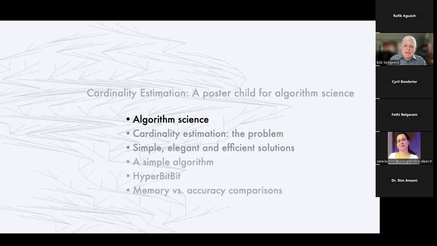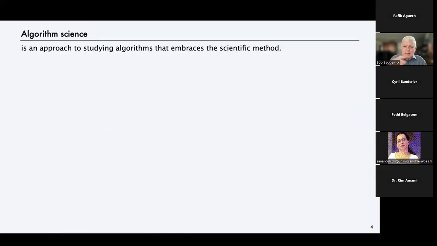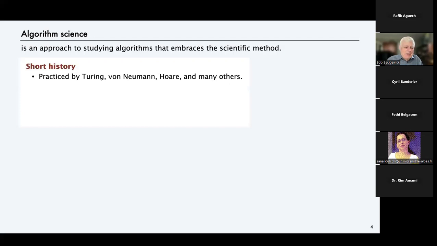So first I'm going to talk about something called algorithm science. That's an approach to studying algorithms where we embrace the scientific method. And just a short history: when computers started, figuring out what they were going to do, what kind of resources they were going to use, was very important.